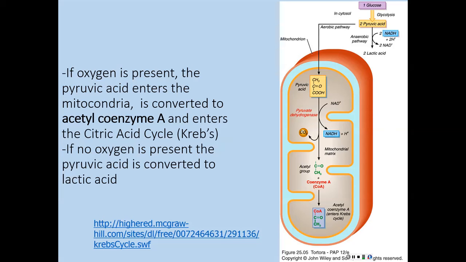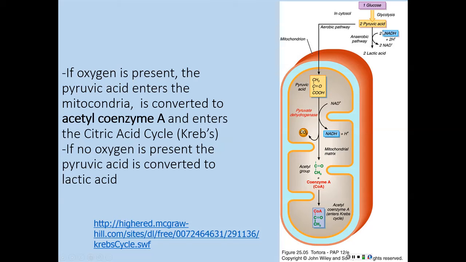NAD is reduced to NADH, so this is what we're seeing up here. So you have one glucose, remember, got to our 2 pyruvic acids. It has oxygen, it's an aerobic pathway, so it moves in here, and then we have another oxidation reduction that takes place off of the pyruvic acid.